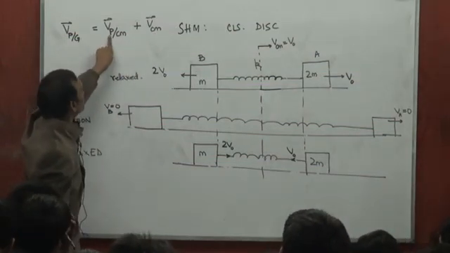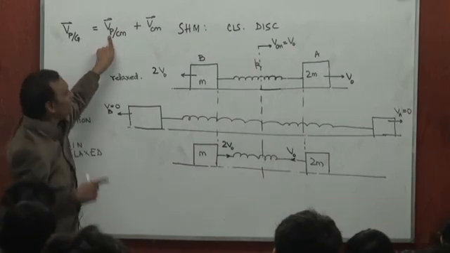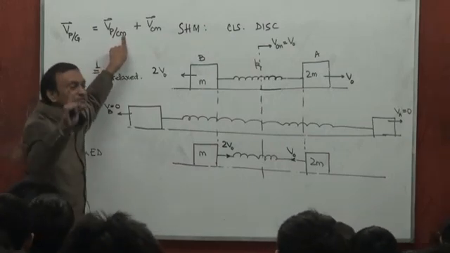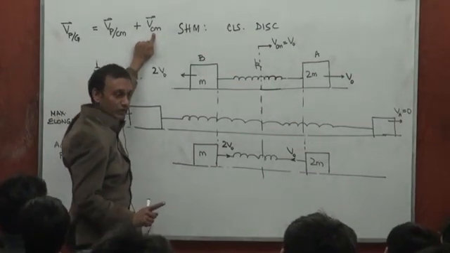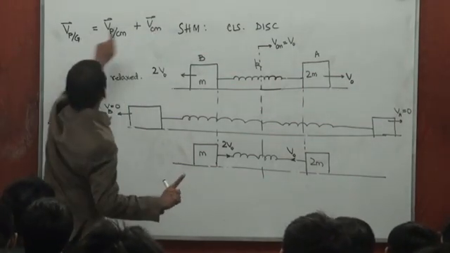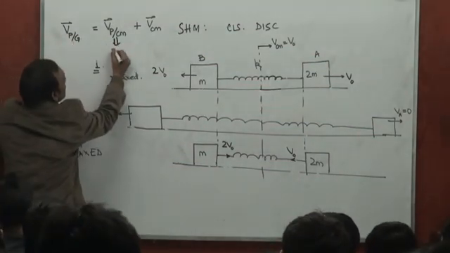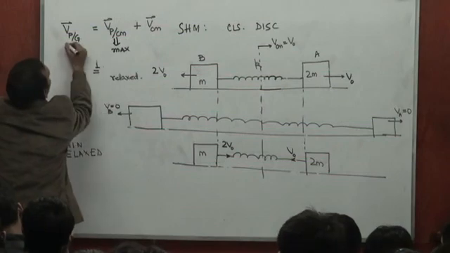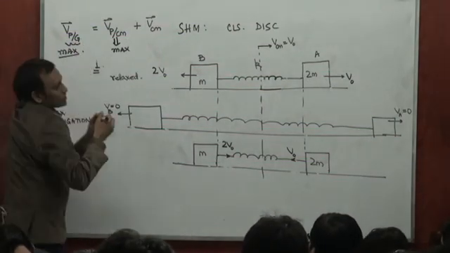Velocity of any particle in the center of mass frame is continuously varying, while the spring is waxing and waning. Velocity of the particle in the center of mass frame is varying, but the velocity of the center of mass is not. Velocity of the center of mass is remaining constant. So then, when velocity of a particle in the center of mass frame has a maximum, then this will have a maximum. Not only that, it's also about direction.